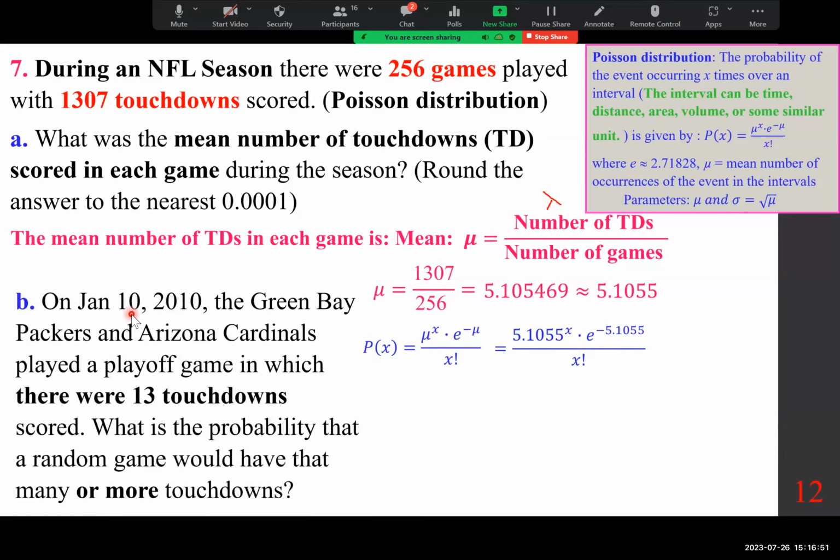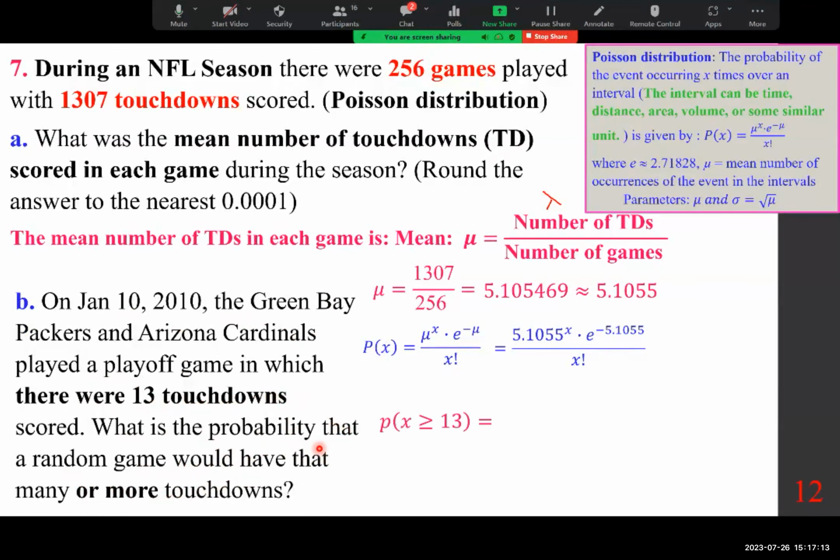Now, on January 10, 2010, the Green Bay Packers and Arizona Cardinals played a playoff game in which there were 13 touchdowns scored. What is the probability that a random game would have that many or more touchdowns?